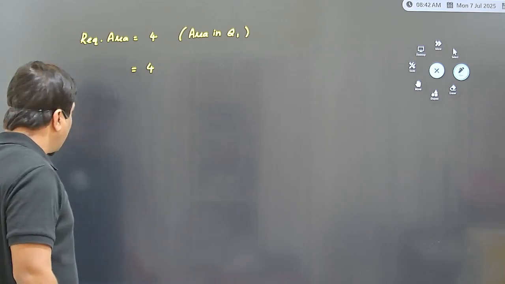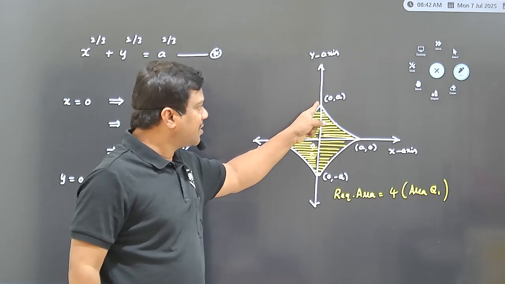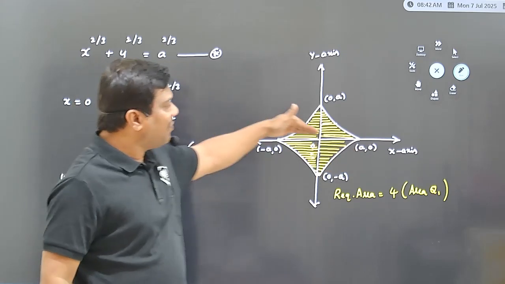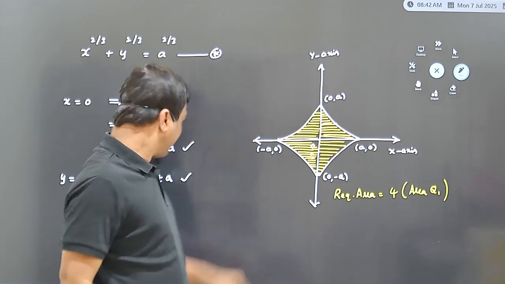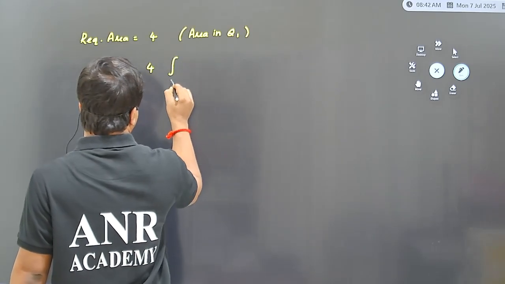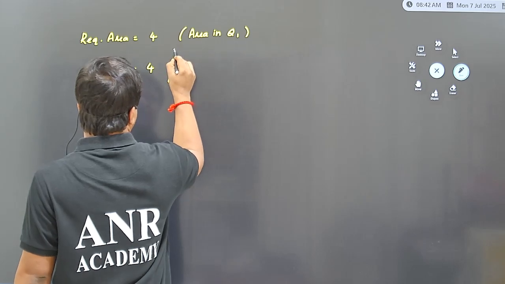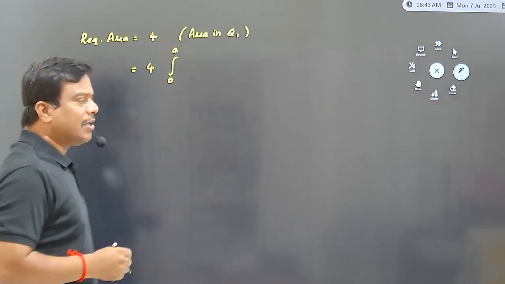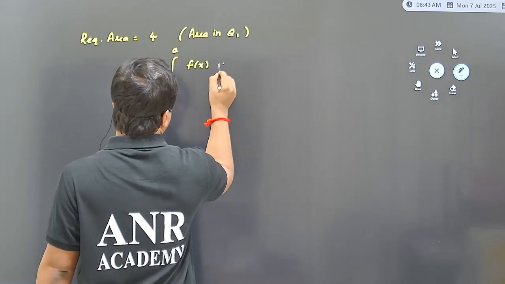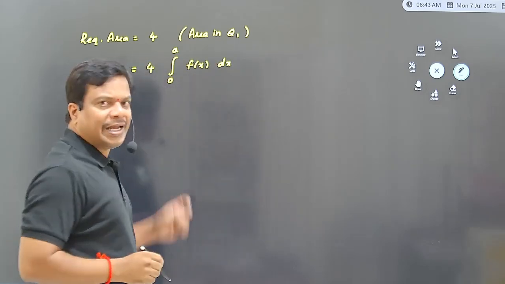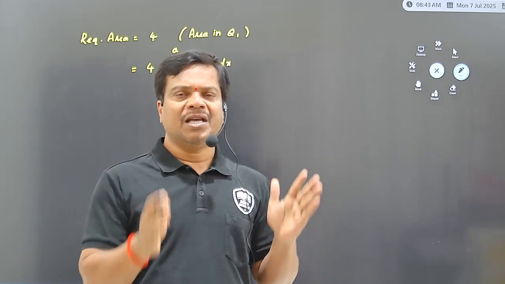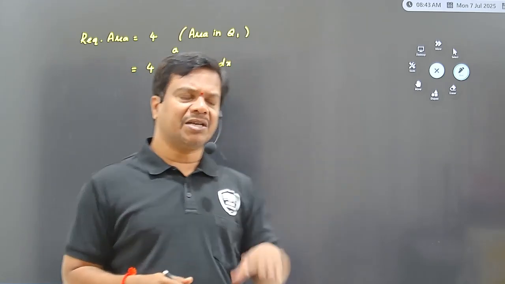Observe this figure. The curve in the first quadrant is defined from 0 to a, and the graph is entirely above the x-axis. So I can write, by the definition of definite integrals, it starts from 0 up to a and here you write the function f(x) dx. The integral from a to b of f(x) dx indicates the area under the function f(x) between the boundaries x equal to a, x equal to b.